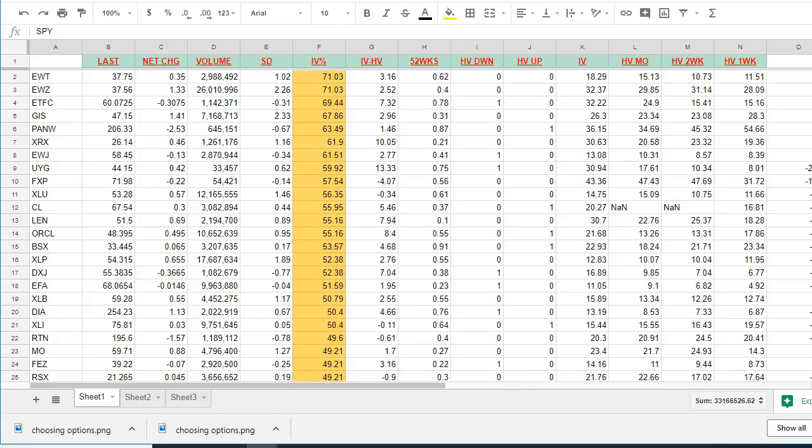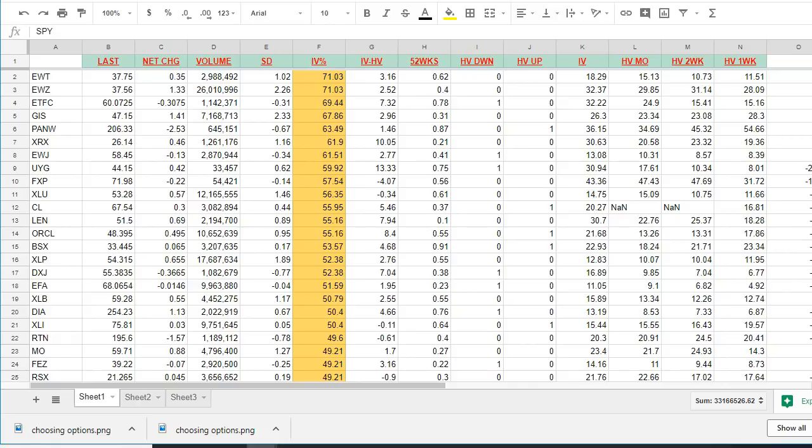One would be, first of all, something that nobody talks about, and that is how to find stocks or ETFs or indices suitable to trade. And then the second part would be how to sell options on it.